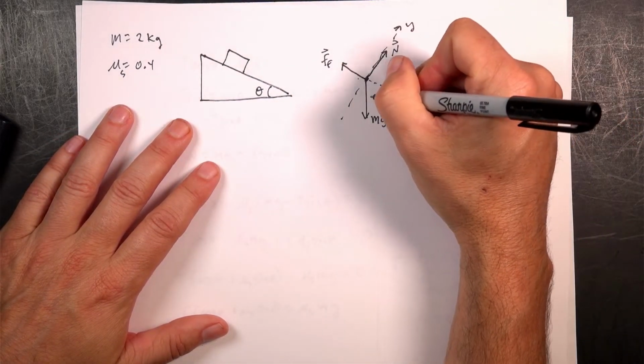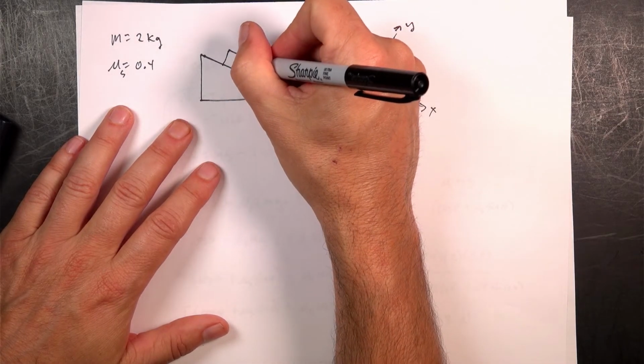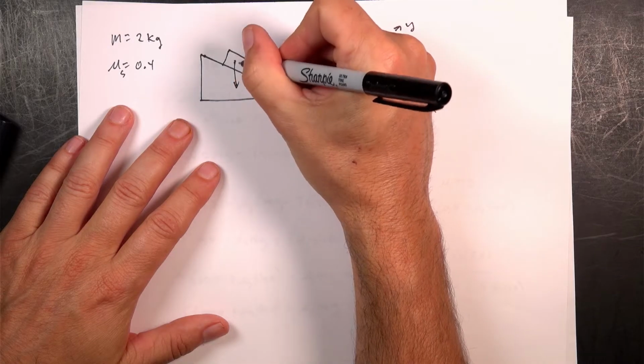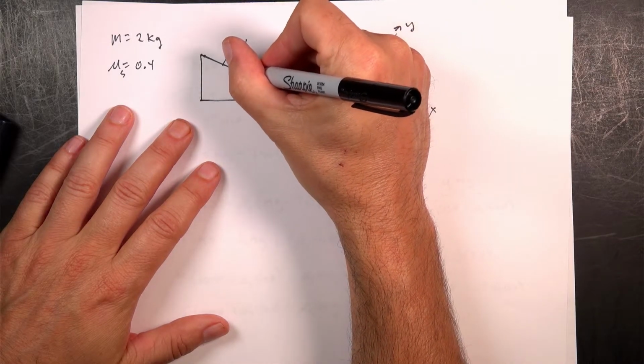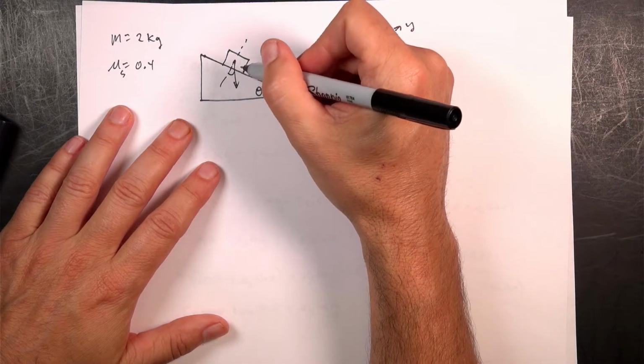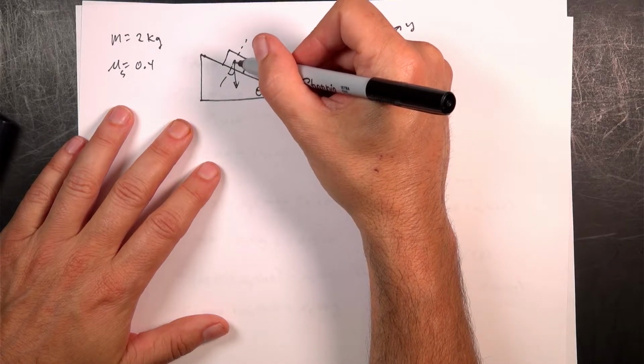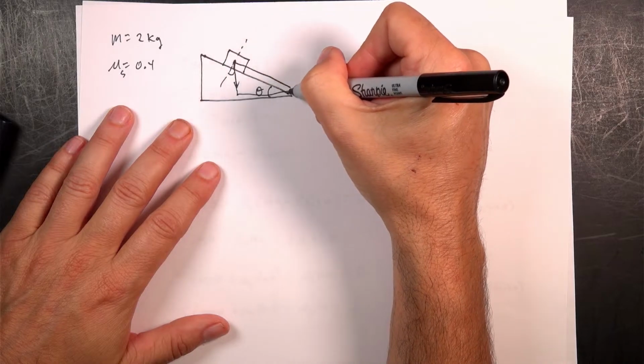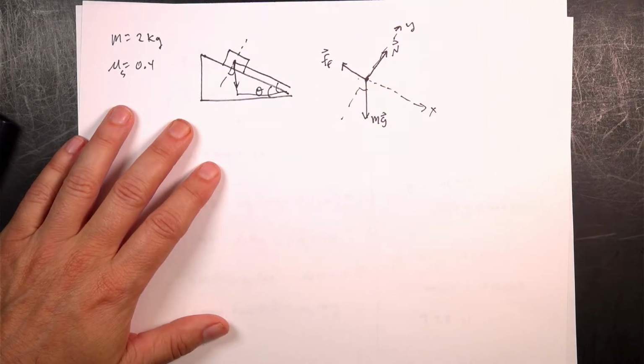Okay, so we need to find this angle right here. So let's just draw, here's the gravitational force. I want to find that angle right there. Well, if you think of this as a right triangle, that angle's theta. I'm just doing a little geometry here.